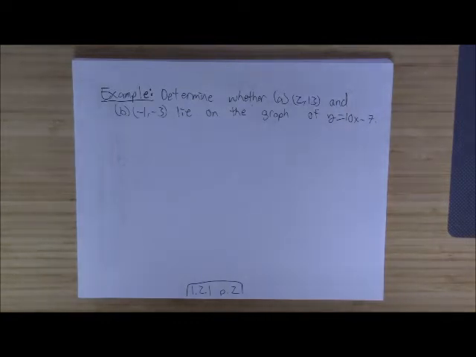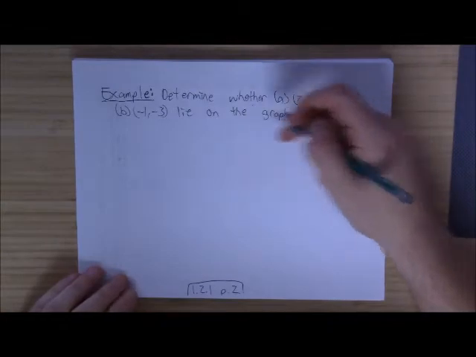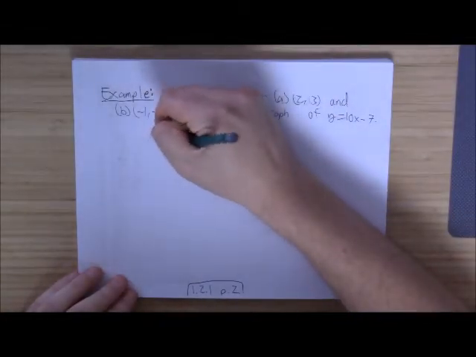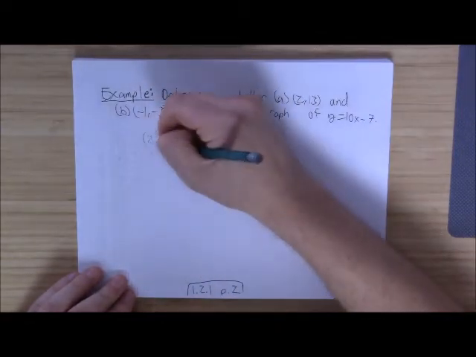the point (-1, 3) lie on the graph of y equals 10x minus 7. The way we determine this is we plug in the x and y value from the point into the equation and see if it's true. For example, if we wanted to know whether (2, 13) satisfies it, remember this is our x value, this is our y value.